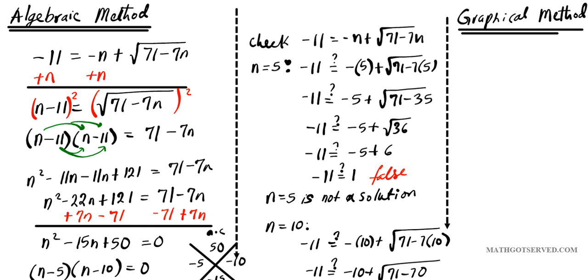Just put in y1 equal the left side of the equation. Remember, we're graphing as a function of x. And y2 is going to be the right side, negative x plus the square root of 71 minus 7x. And then we're going to find the intersection, okay?